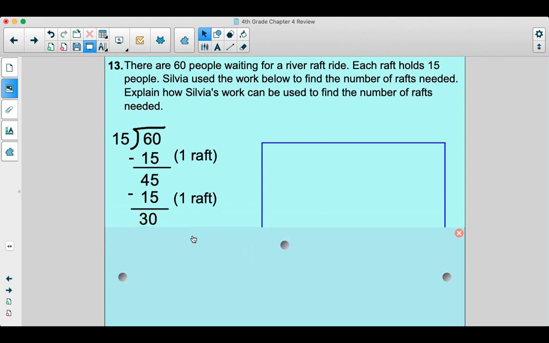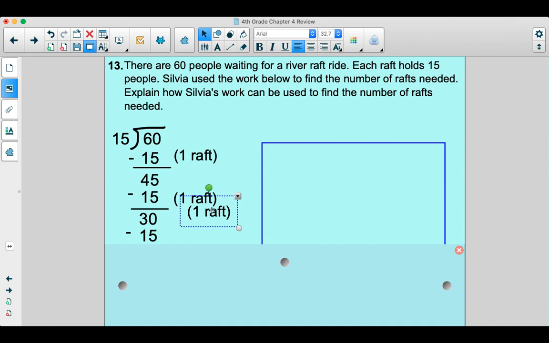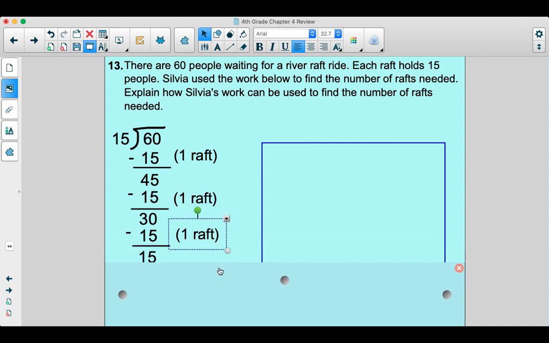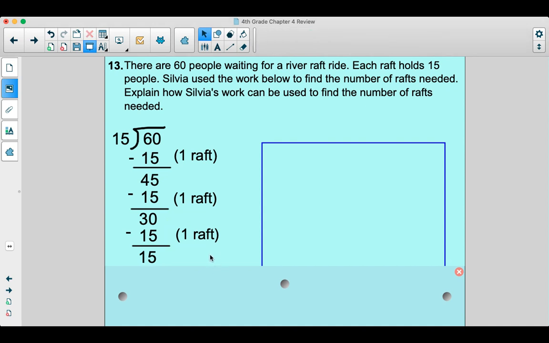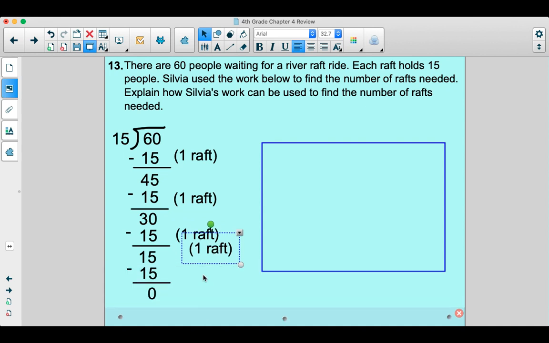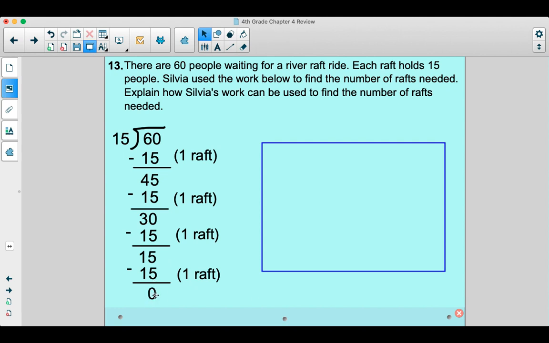And she goes, all right, out of you 30 people, 15 more need to come get on the next raft. All right, so then off they go. And then she's like, all right, you guys are the last to be picked. Maybe they're the strongest. And they get a raft. And now everyone is in a raft. There are 0 people left waiting for their ride on a raft.